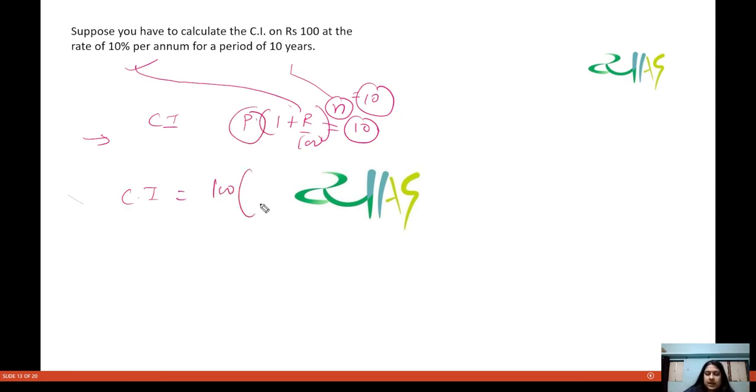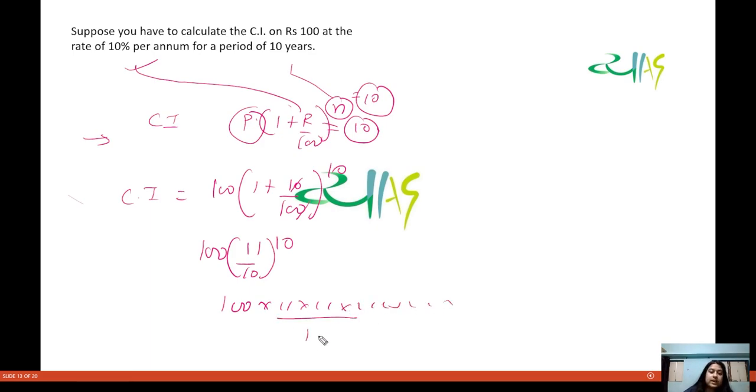Principal we put at 100, 1 plus 10 by 100, so this to the power 10. So 100 becomes 11 by 10 to the power 10. Now how much are you going to multiply, 11 into 11 into 11 into so on, and 10 into 10 into. So this calculation will become very cumbersome. We cannot calculate compound interest for 10 years based on this.